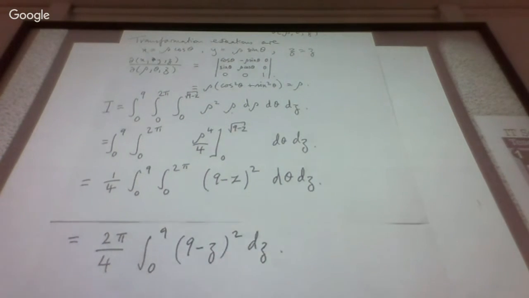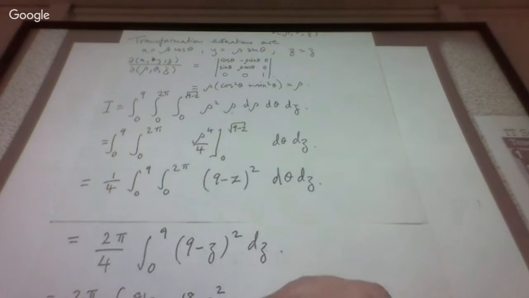So finally, it'll come down to an integral like this. But this is just a quadratic in z. Easily integrate that. You do the evaluations and 2 pi over 4. And integrating this is going to be 81z, minus say 2 over 2 z squared.